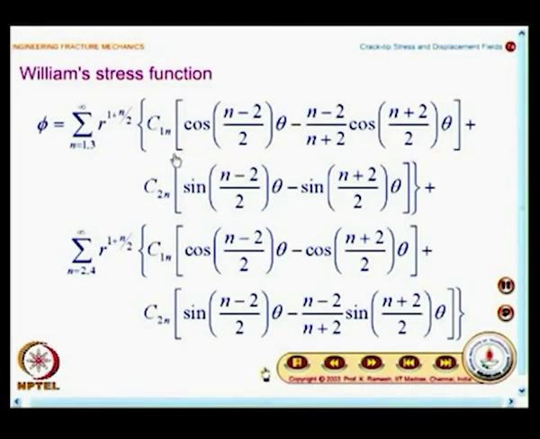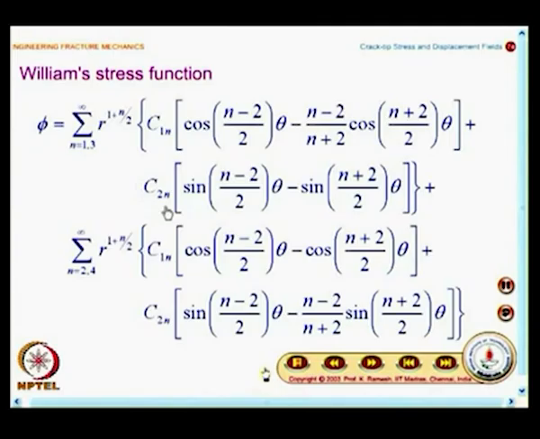Observation number 2 is you have cosine terms as well as sine terms. I could group all the cosine terms involving C1n. This is symmetric and this is the stress function for the mode 1 loading. And you have an antisymmetric part, you have a sine function.